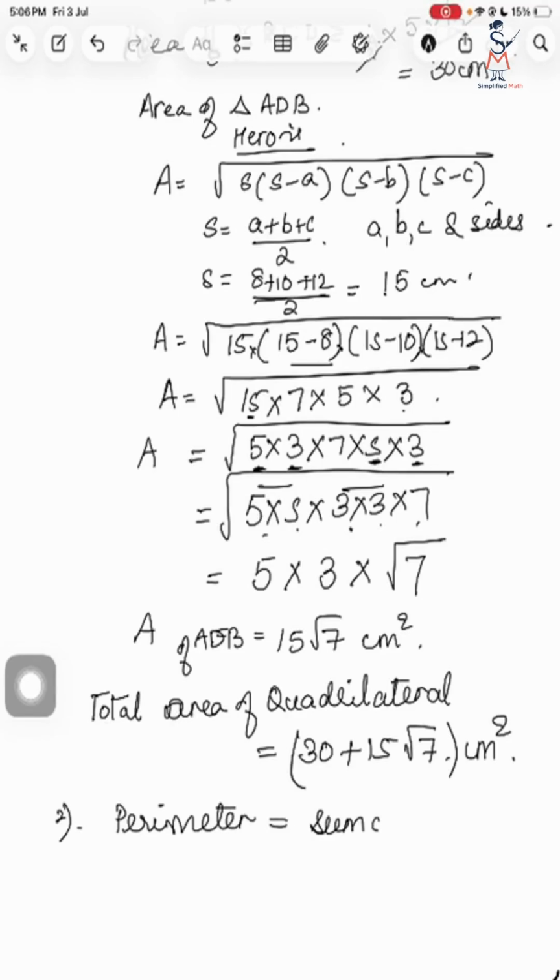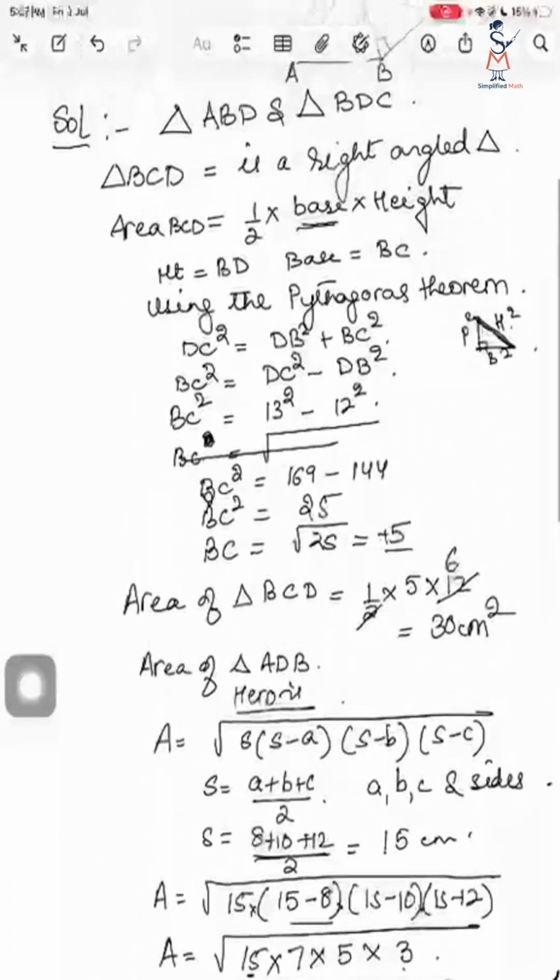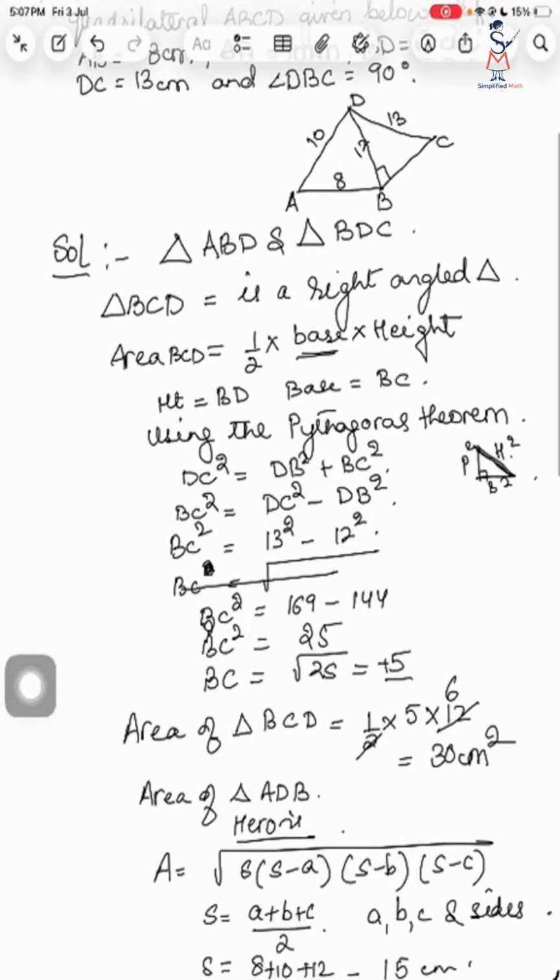Sum of boundaries. So what is the perimeter? Let's see the diagram. So here AB plus BC plus CD plus AD is the perimeter, and BC we calculated came out as 5.